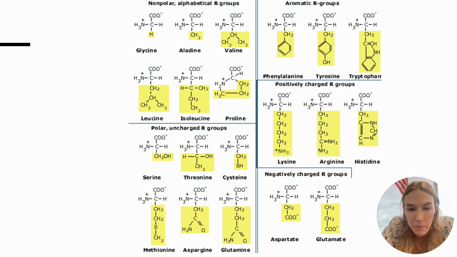Well, if I go from a polar to another polar, something like asparagine to glutamine, well, those are roughly the same size and roughly equivalent in terms of polarity, so it's probably not going to have a huge effect on my protein. But if I convert it from a polar, maybe a serine, to a nonpolar valine, well, now we're going to have a situation where that could have an effect.